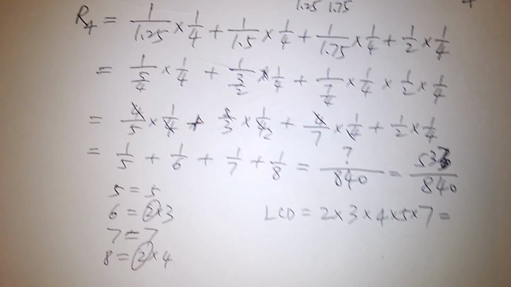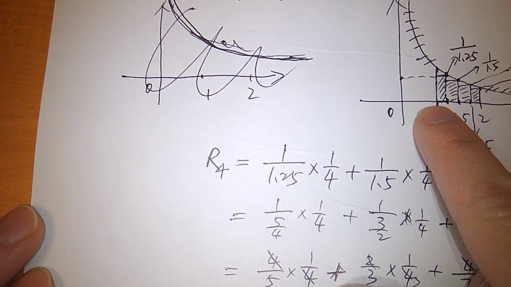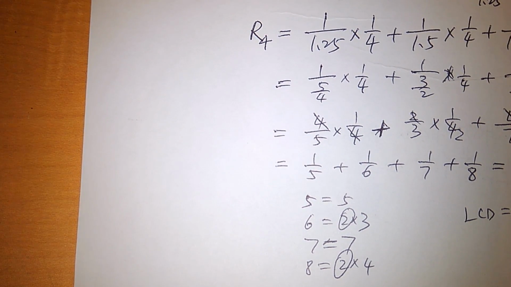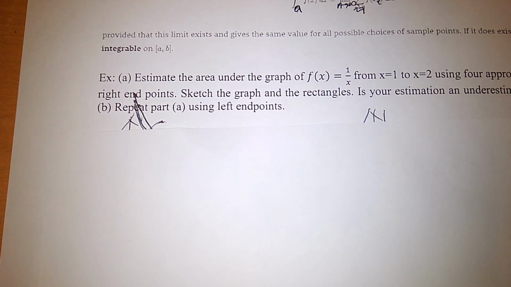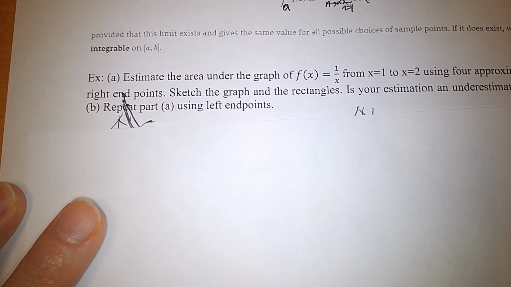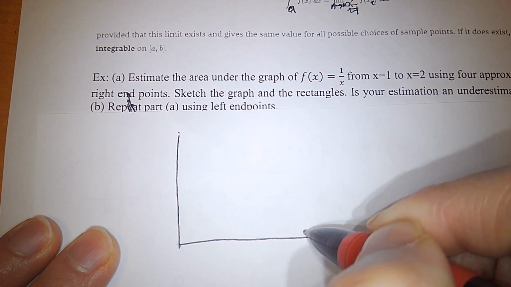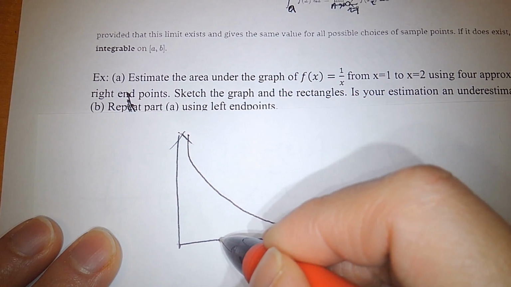Now let's check what happens if we use the left endpoint to solve the same problem. Same question, left endpoint this time, 4 rectangles, still from 1 to 2.